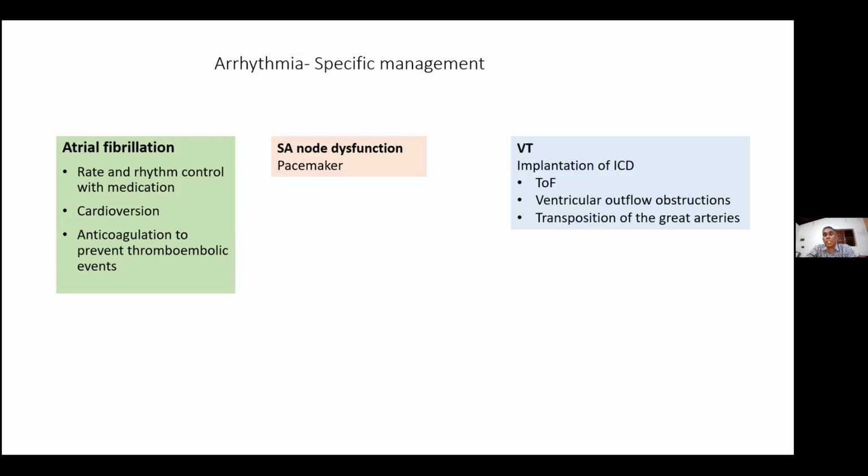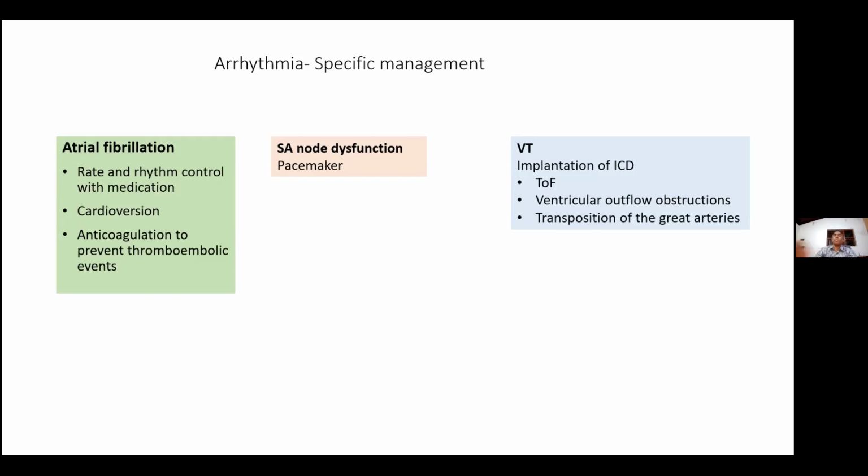And VT, if the child or the adult congenital patient has some VTs, I'm talking about congenital heart disease, but there are other syndromes with a high burden or risk of VT, for example Brugada and long QT syndrome.